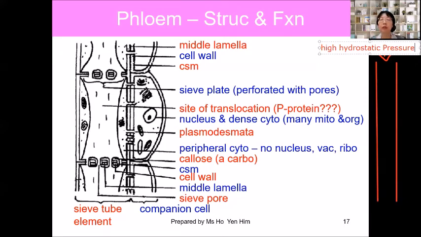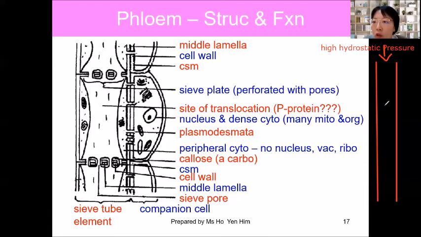So this is opposite from the xylem vessel. In the xylem vessel, water is transported by transpirational pull. So that you take the syringe and you pull the plunger, you create the suction force. Now in the sieve tube, you take the syringe and you push the plunger. So you're creating a pushing force. So it's the same thing, but it's opposite direction.